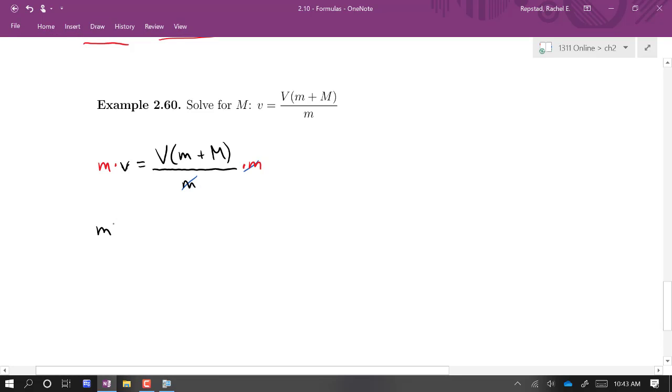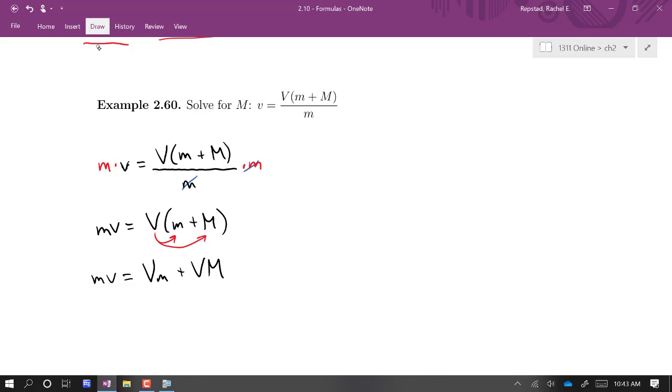So little m, little v is equal to big V times little m plus big M. And to get the big M out of the parentheses, I'm going to distribute. Now I can isolate that term that has big M in it by subtracting big V little m.